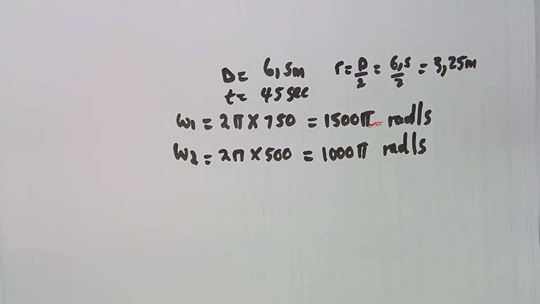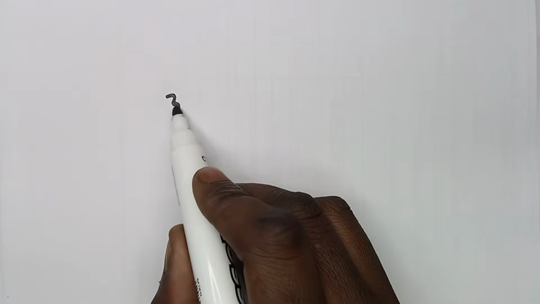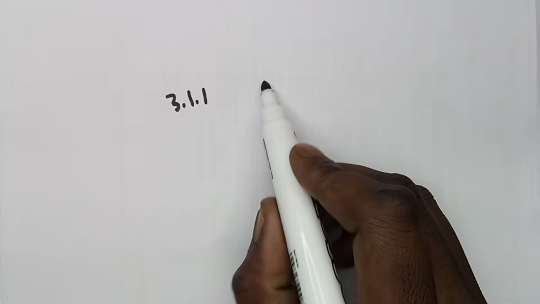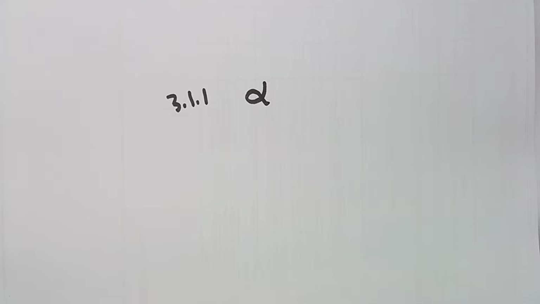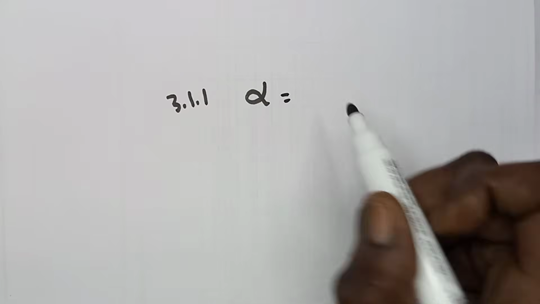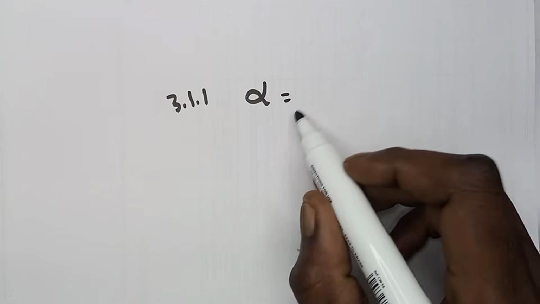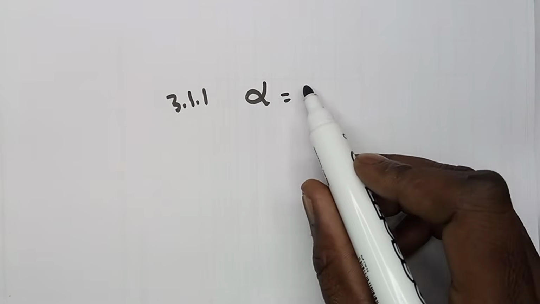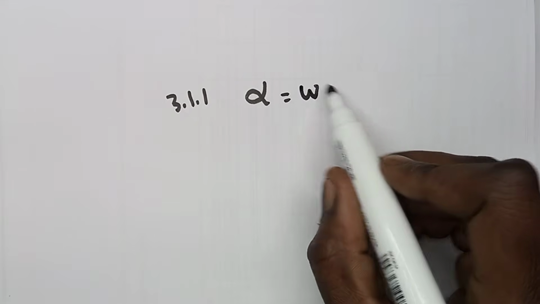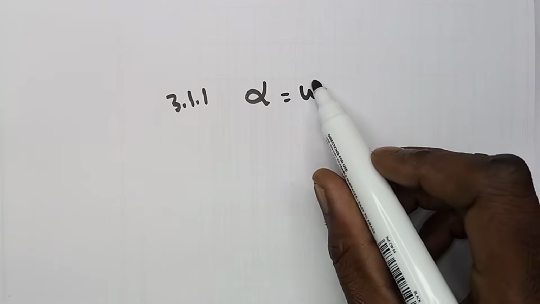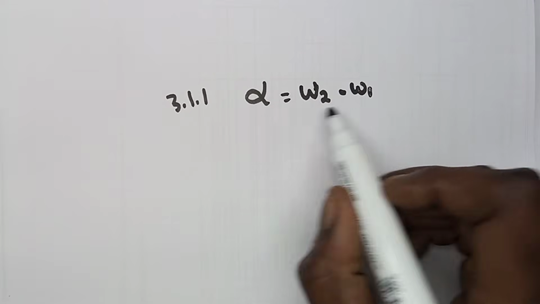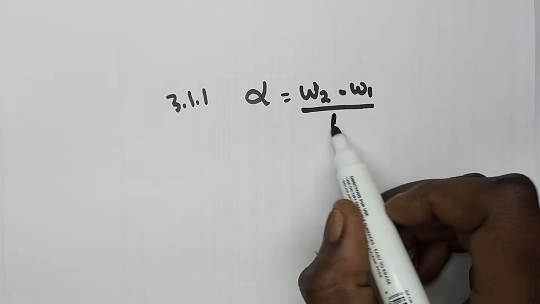We know that deceleration or angular acceleration is taken from this symbol here, alpha, to represent the angular deceleration or acceleration, which is the change in angular velocity over the time taken. So the change is omega 2 minus omega 1 over the time that was taken.